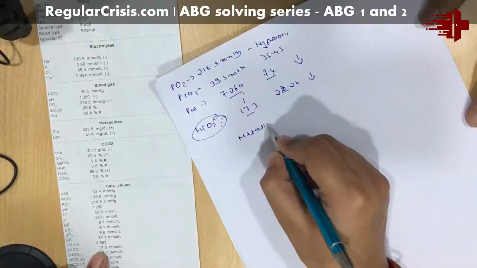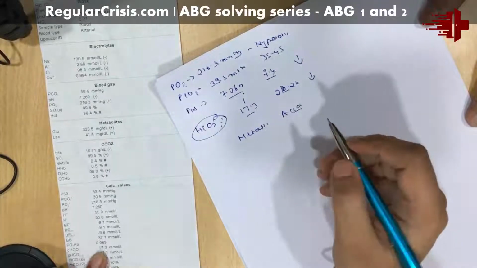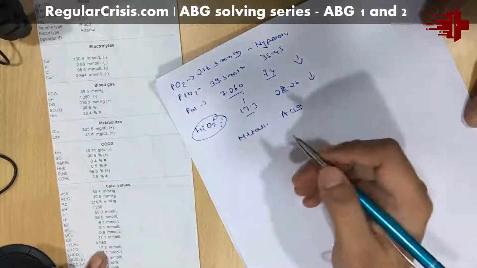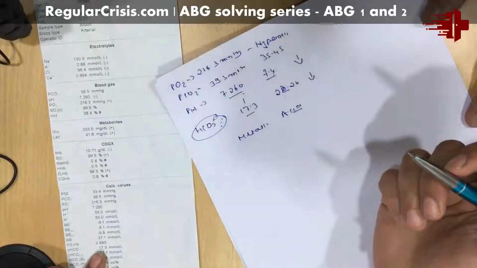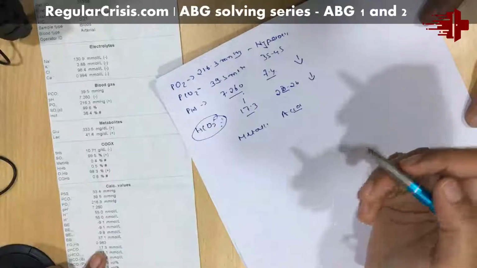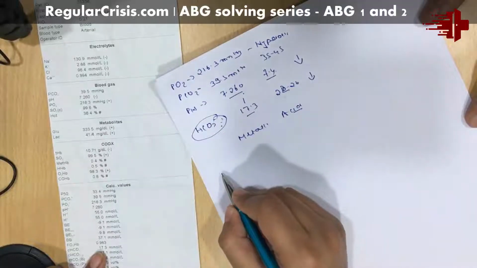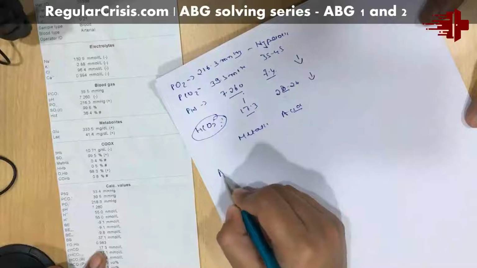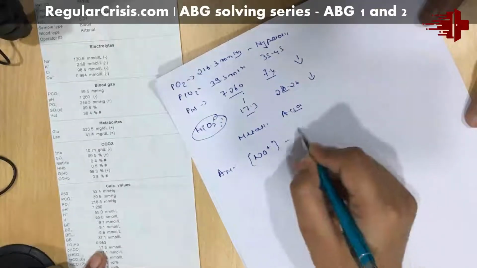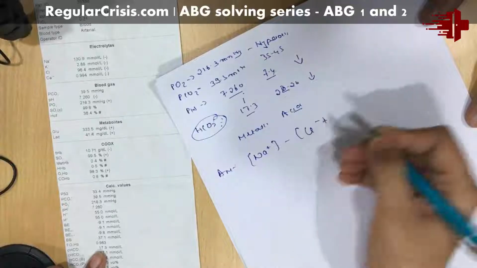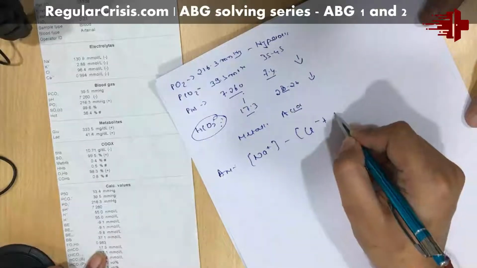It is metabolic acidosis. Next, we will try to find out what kind of anion gap. Once you know that it's metabolic acidosis, you need to classify whether it's high anion gap, normal or low. We'll calculate the anion gap. How do you calculate it? The anion gap is sodium minus chloride plus bicarb level.